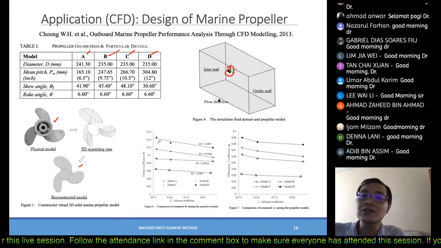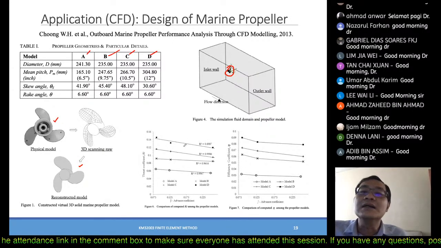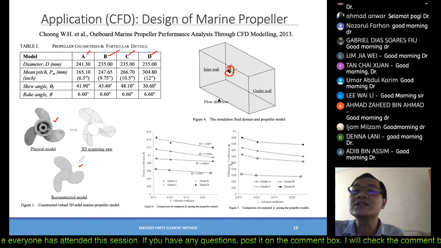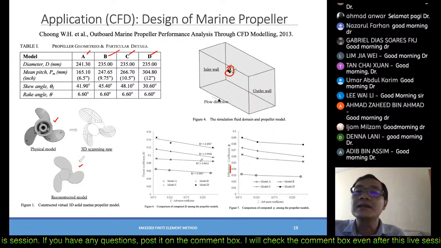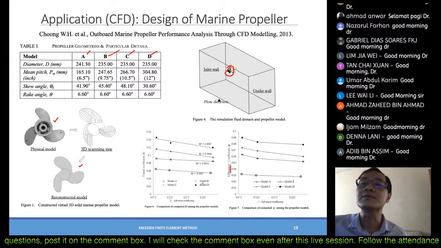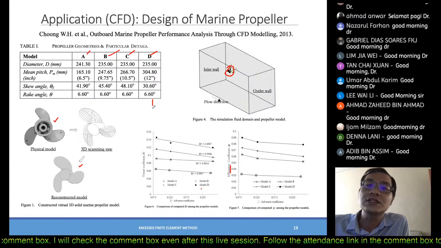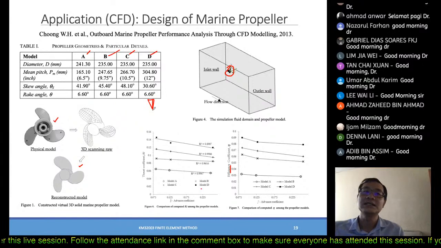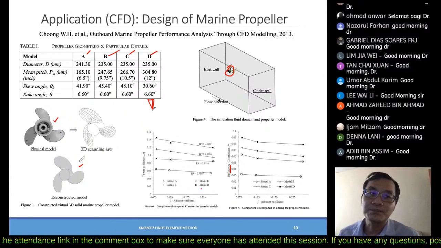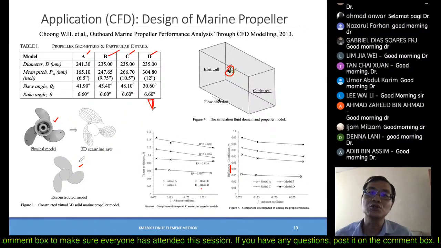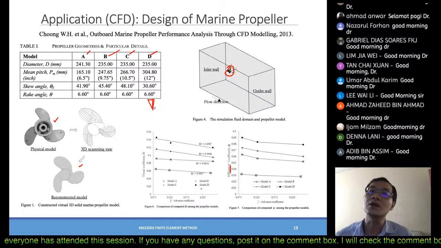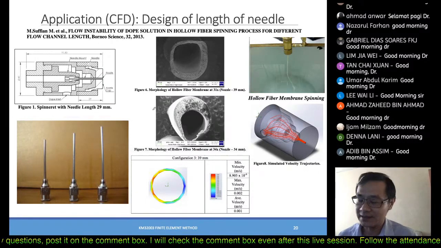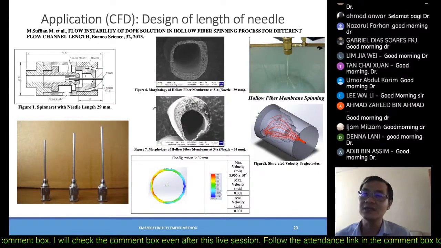From that he can see that the torque or the thrust and the efficiency generated by model D is much higher than the others. This gives him a good starting point on what dimensions or mean pitch and so on to use to design a marine propeller. So this is one way to use FEM or CFD for fluid.